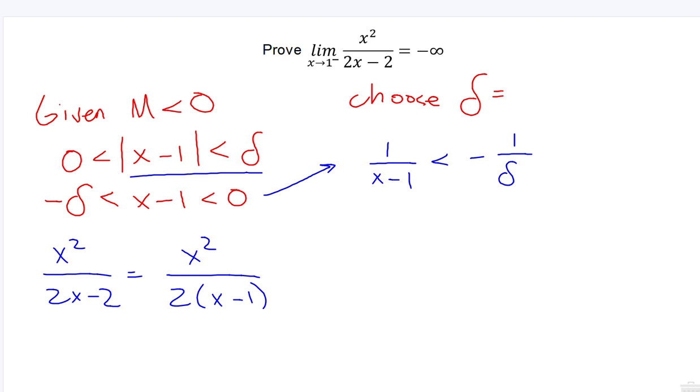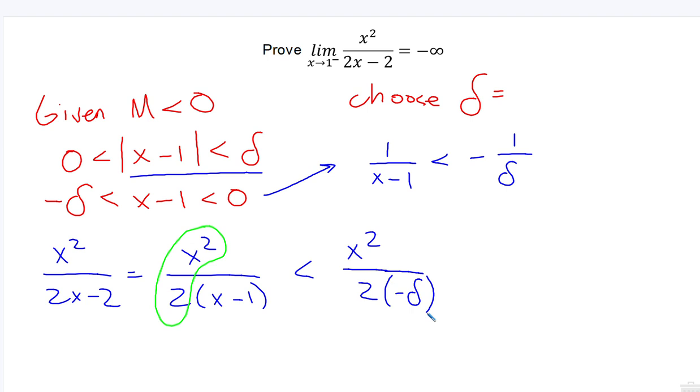Therefore, a bunch of stuff times 1 over x minus 1 must be less than all that same stuff times 1 over negative delta. So we've now shown it's less than something, but not fully all the way there yet.